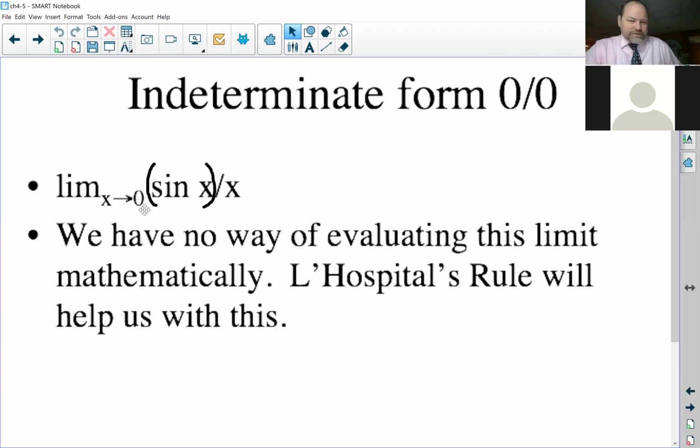So that's why we have this thing that we call L'Hopital's rule. So 0/0 is one of our indeterminate forms.